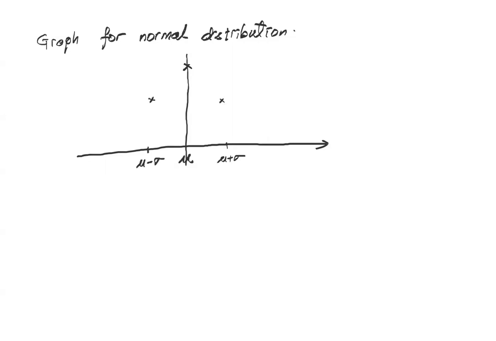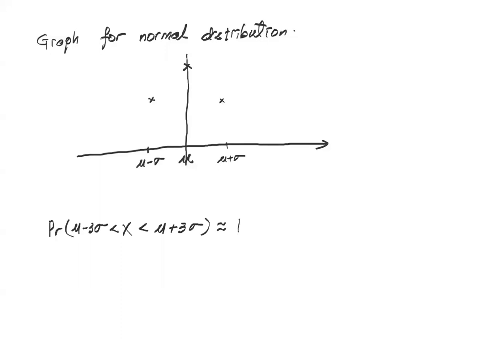We are also almost 100% sure that all the data are within 3 standard deviations away. That means the probability of X between mean minus 3 standard deviations and mean plus 3 standard deviations is almost equal to 1.